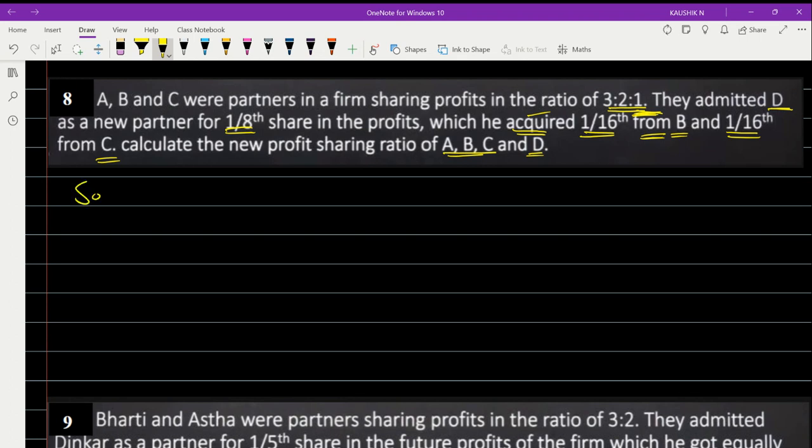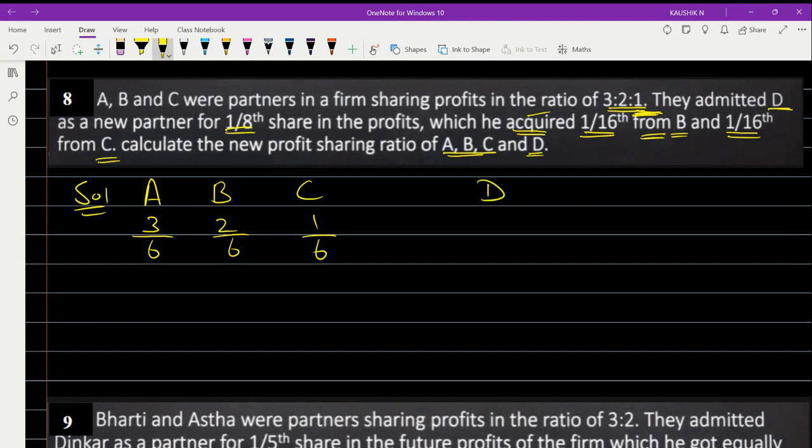So let me just complete the solution. The old partners are A, B, and C. The profit sharing ratio is 3 is to 2 is to 1, that means 3 by 6, 2 by 6, and 1 by 6.